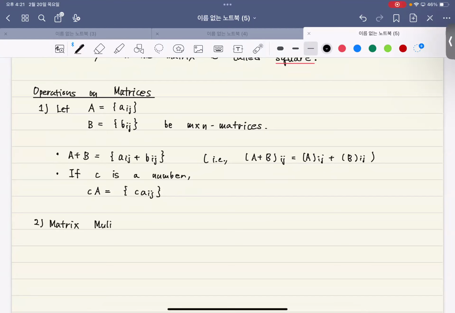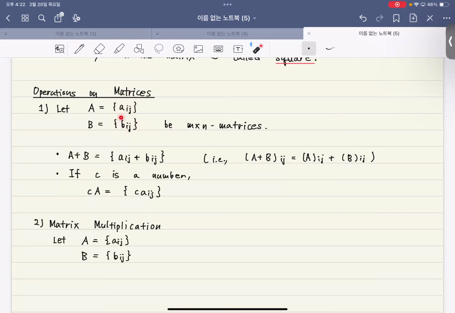Matrix multiplication. So you can multiply two matrices. Okay, I have two matrices, A and B. When I define the matrix addition, these two matrices must have the same dimensions.